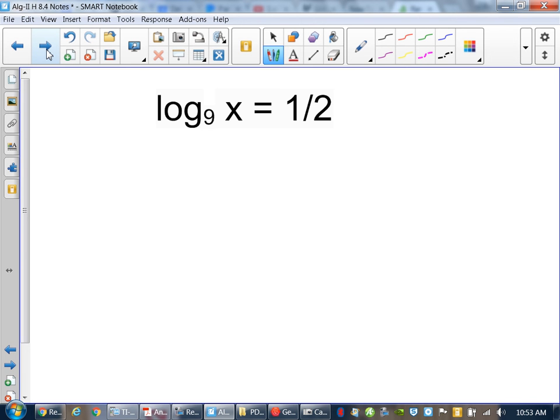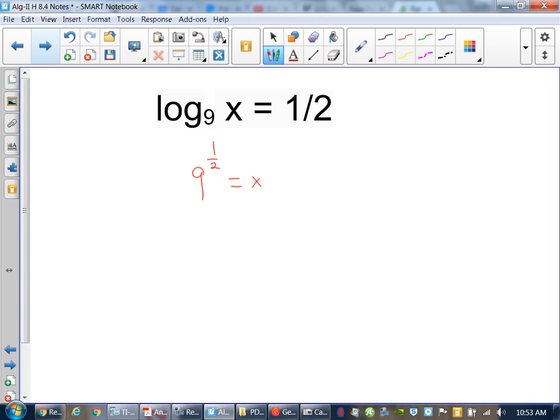Log base 9 of x is 1/2. Means 9 to the 1/2 power is x. What does half power mean again? 0.5.